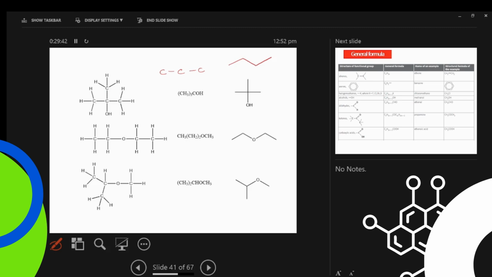So this is carbon number 1, this is carbon number 2, and this is carbon number 3. So we just remake it. It's like this. Then we have one substituent on position number 2. Let's say 1, 2 and 3. Even if we start from the other side, it's still number 2.